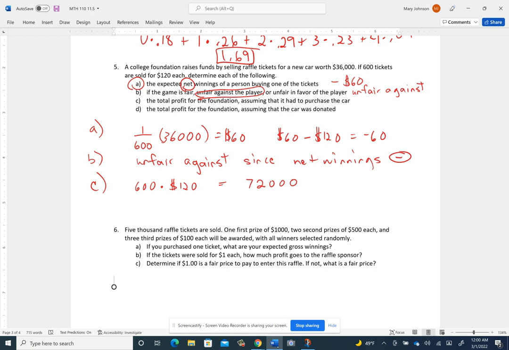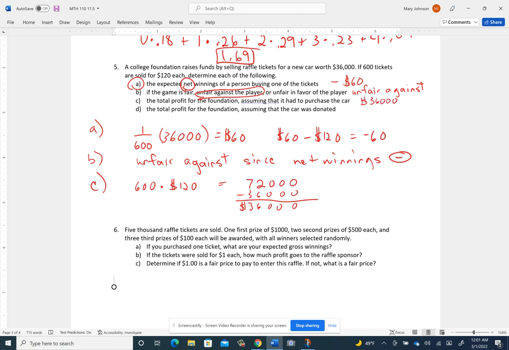But if they had to buy the car, we need to subtract the $36,000 for the car, and they'd wind up with a profit of $36,000.